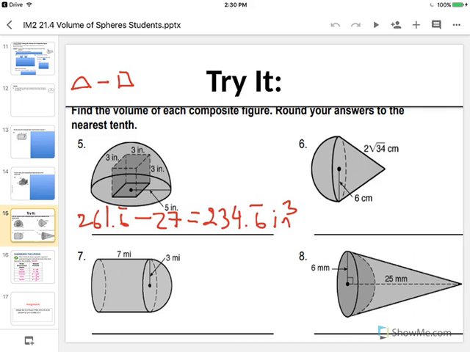Okay, so for number 6, you need to find out the height first. So let me work that out.